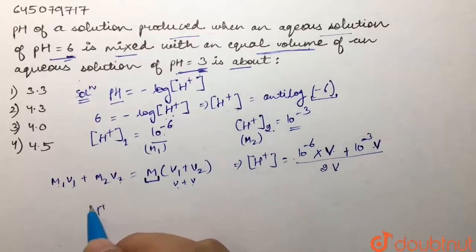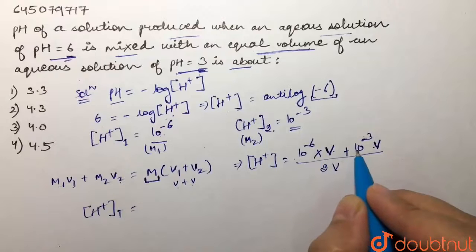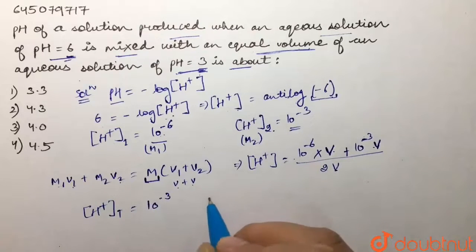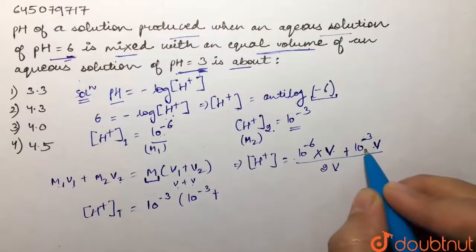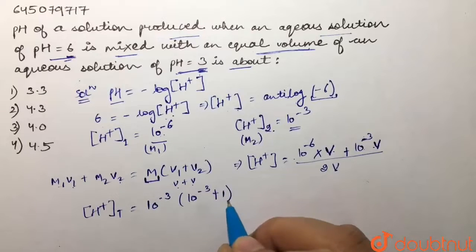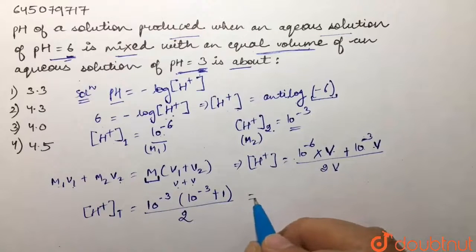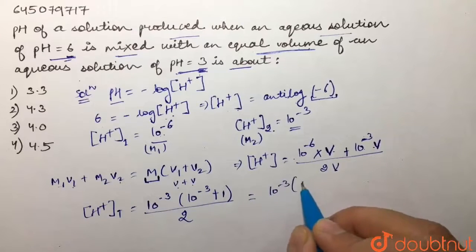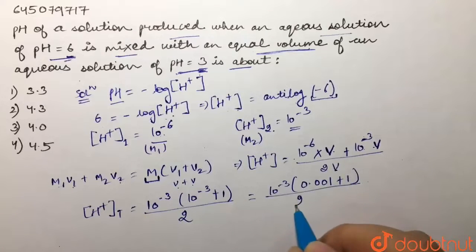Now the total H positive would be equal to what? These are 10 raised to power minus 6 and 10 raised to power minus 3. So we take out 10 raised to power minus 3 in common. Then we have 10 raised to power minus 3 times 0.001 plus 1, divided by 2.